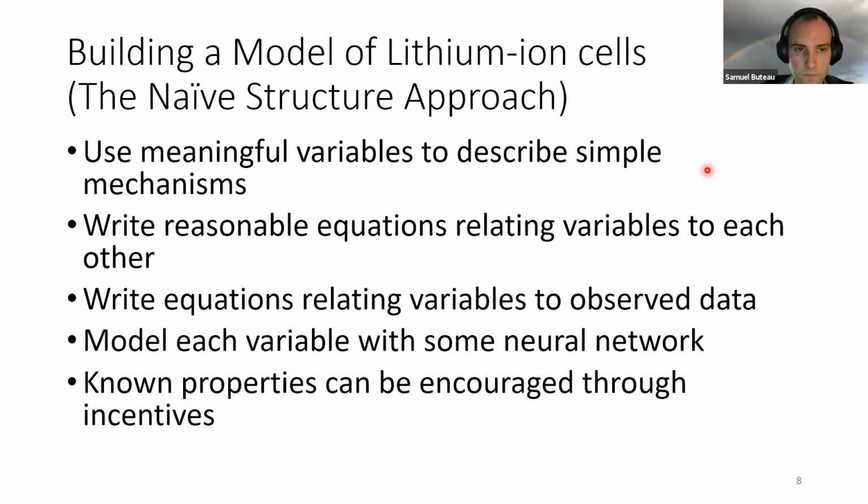In more detail, the main point is that you try to identify simple mechanisms for which you have good intuition and describe them with variables for which you have good intuition. Then you write equations relating these variables to each other and relating the variables you've come up with to the observed data. Each of these variables becomes some neural network.